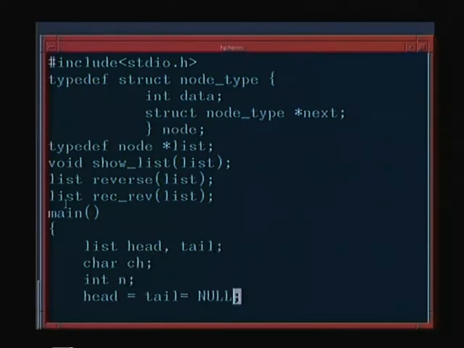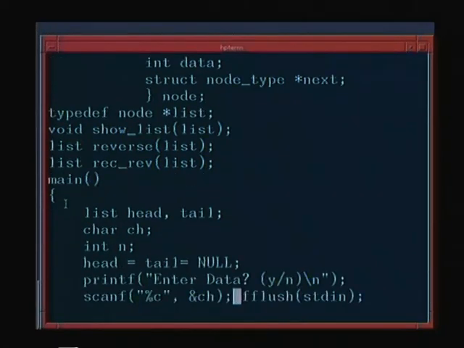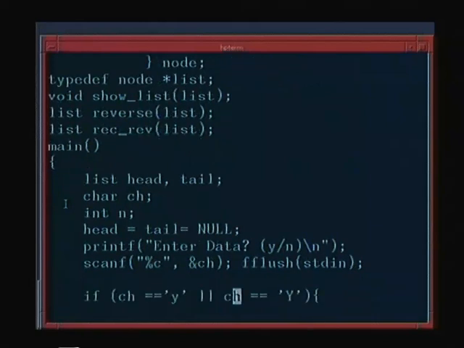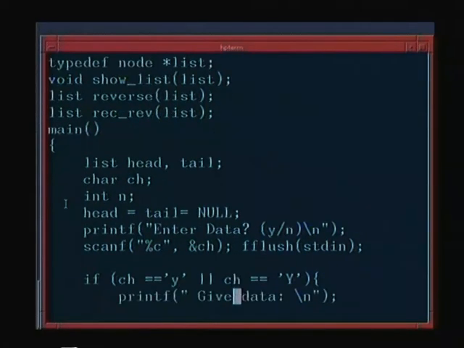Character, int n. So you initialize head and tail to null because there is no element in the list. Printf enter data, yes. So the first element is read in an if statement.